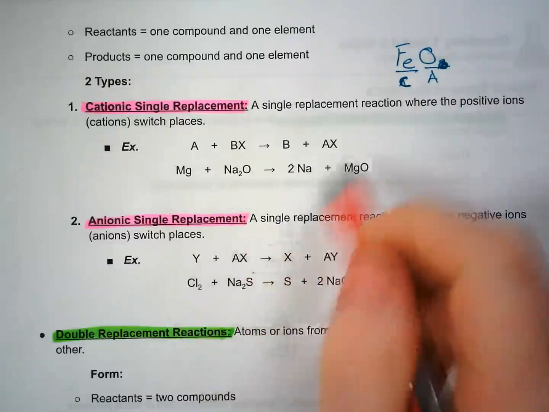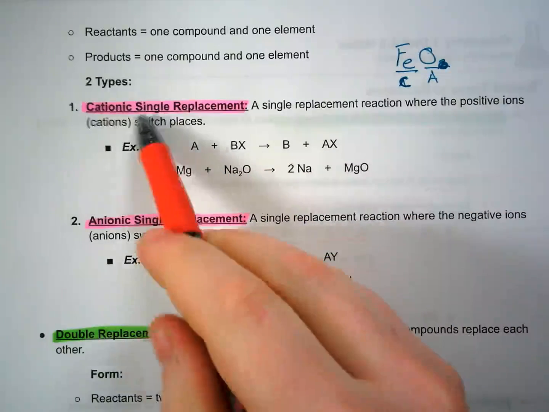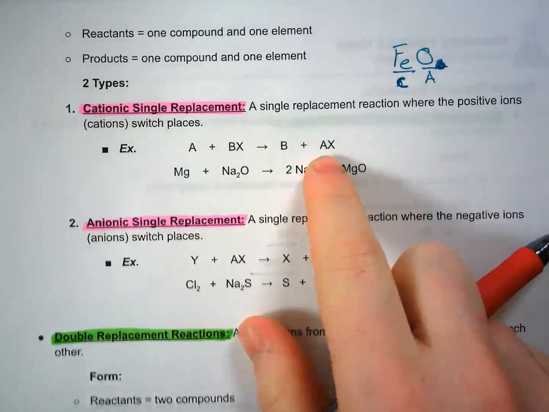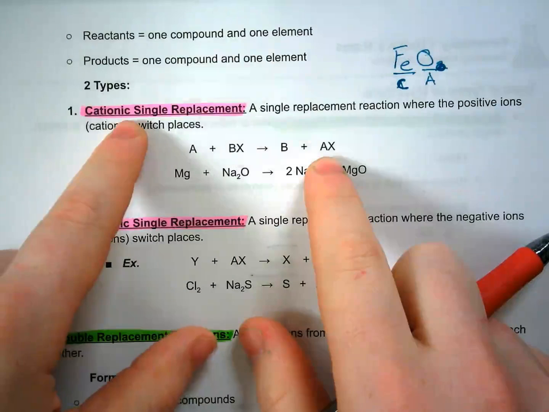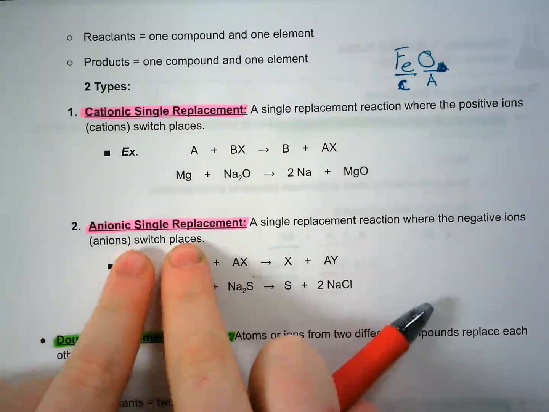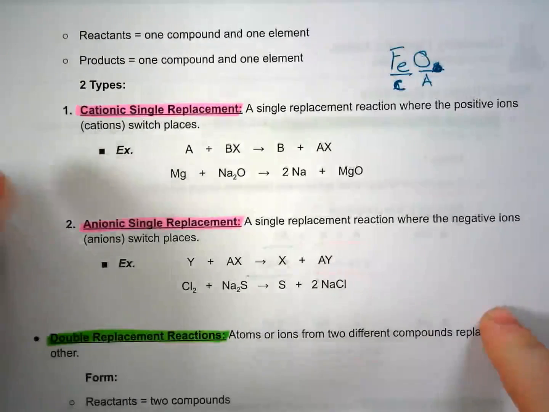When the cation changes, that tells us the cations are being replaced. So if the cation in your product side is the one that's changed, it's a cationic single replacement, which is different from anionic, which hopefully you now see.